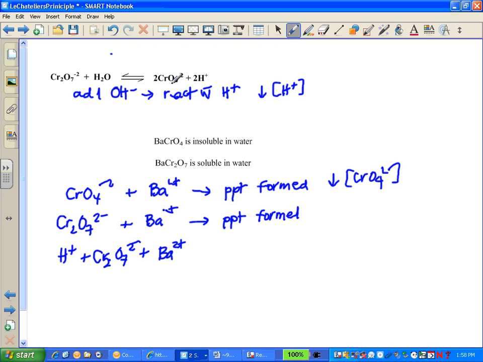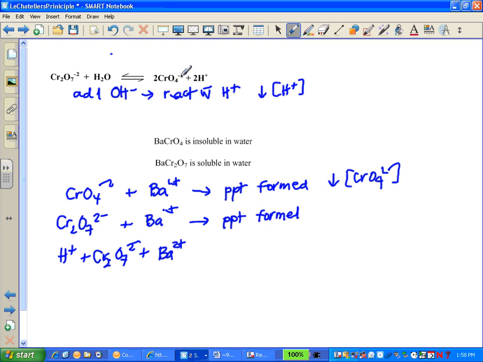And in this case, although there's a small amount of chromate at the start, as the reaction proceeds and the equilibrium shifts due to the presence of the barium and the decrease of the concentration of the chromate ions, what you end up getting overall is still quite a bit of precipitate because this equilibrium will shift. As it shifts, more chromate is present.